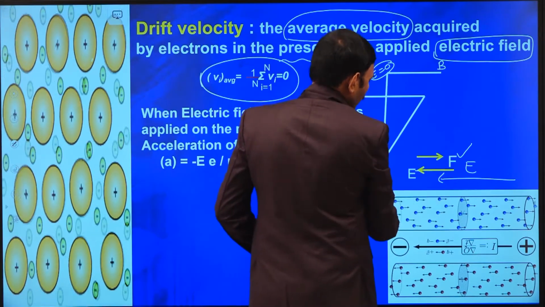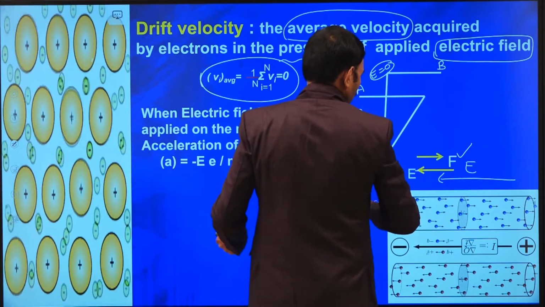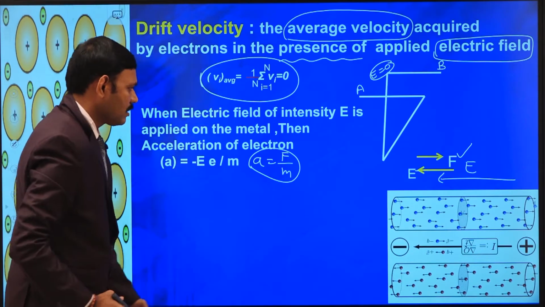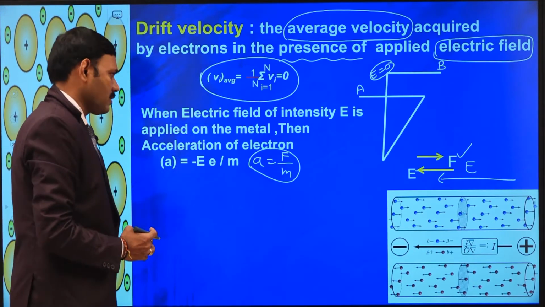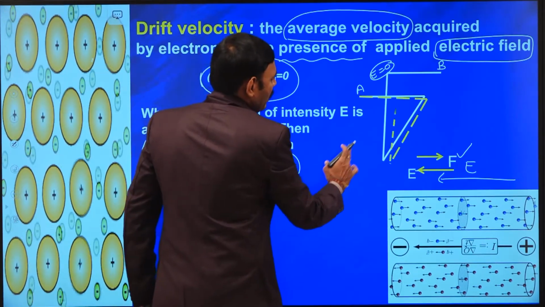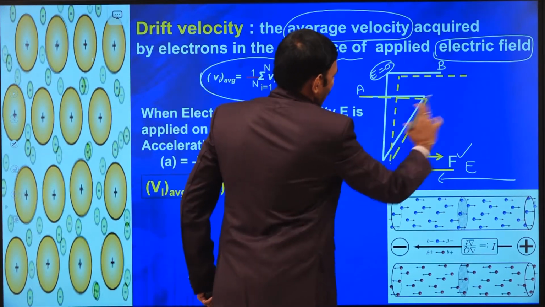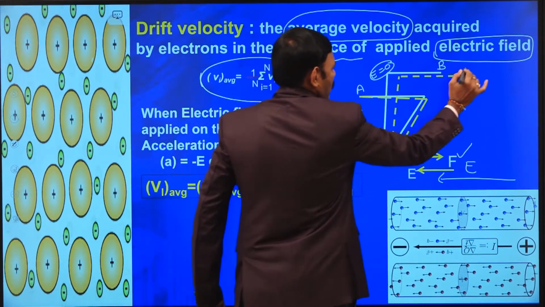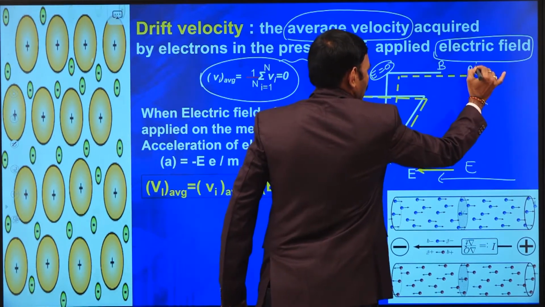So the electric field is from right to left, but the force acting on the electron is in the opposite direction, so they are traveling in opposite directions. See here, students, in the presence of an electric field, the electron may be shifted as shown in this dotted yellow line. Though the initial point is the same, it is shifted to another point B dash.